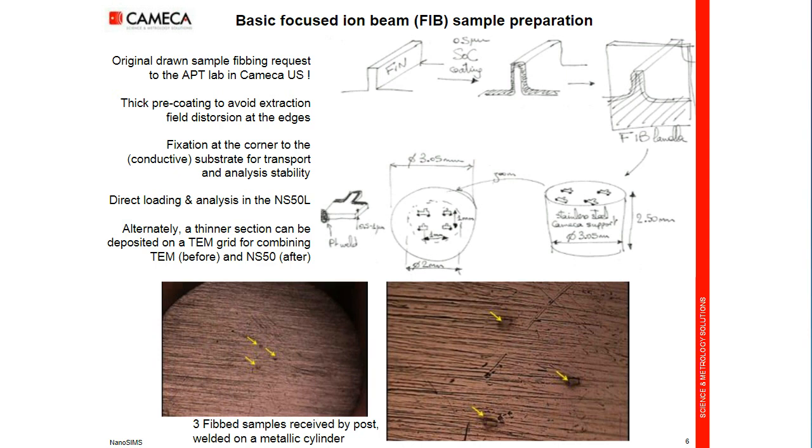There are other more sophisticated preparations with a focused ion beam. For example, you can combine with a TEM. So you deposit your lamella on a grid, or other, you can add more sophisticated preparation. But here it is the simplest way to use a focused ion beam.